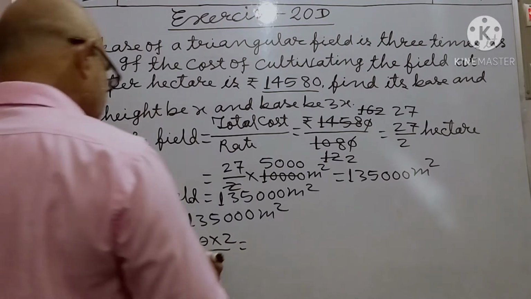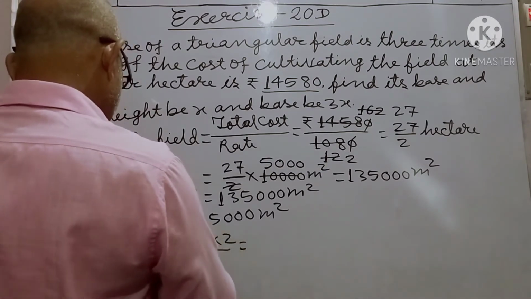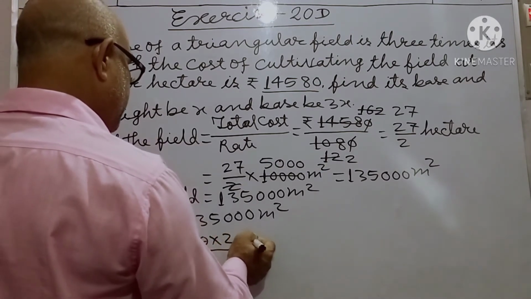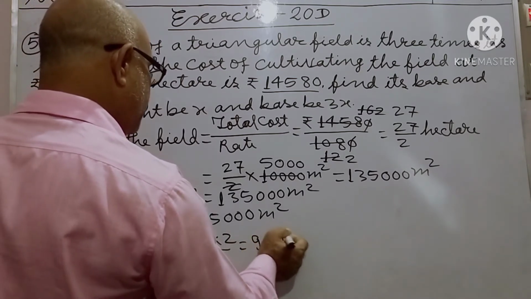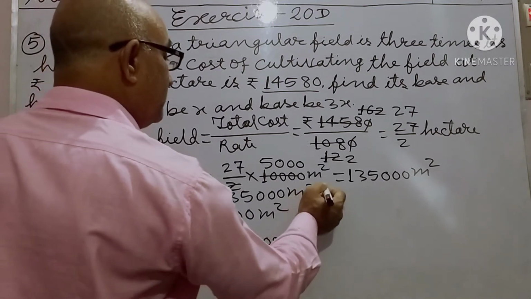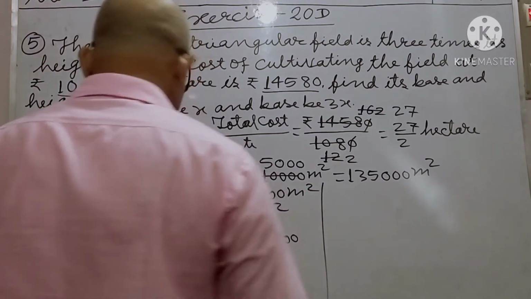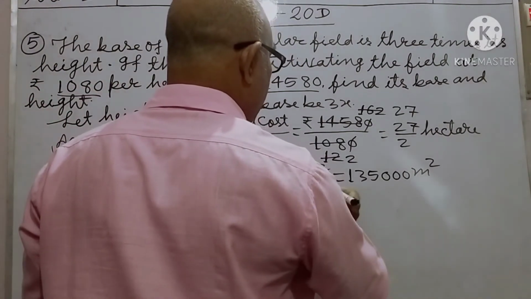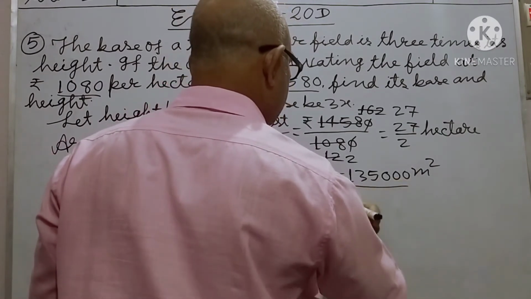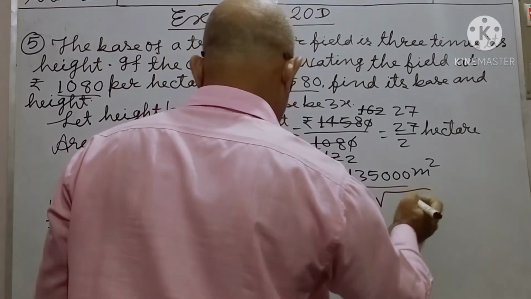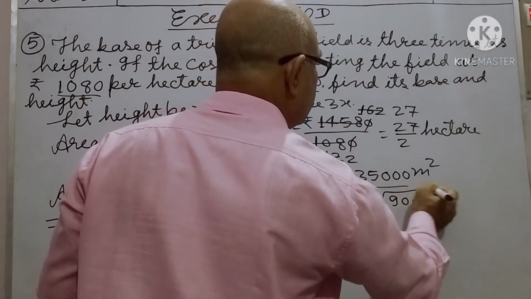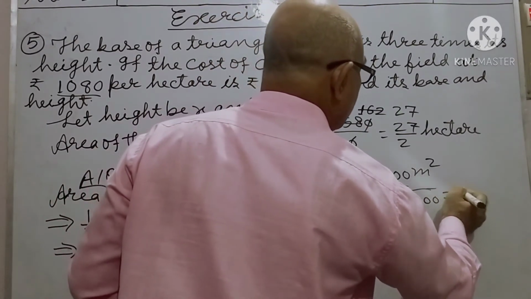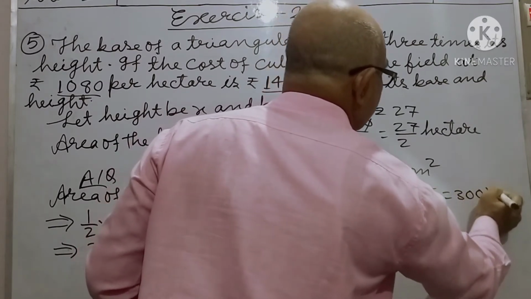Equal to 2 into 45 is 90 and 000. That implies x equal to under root 90,000, equal to 300 meter.